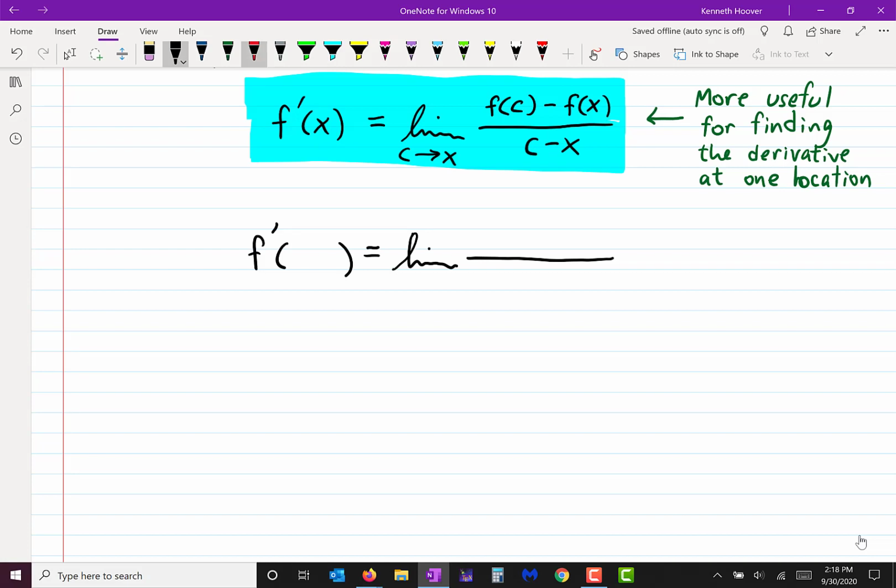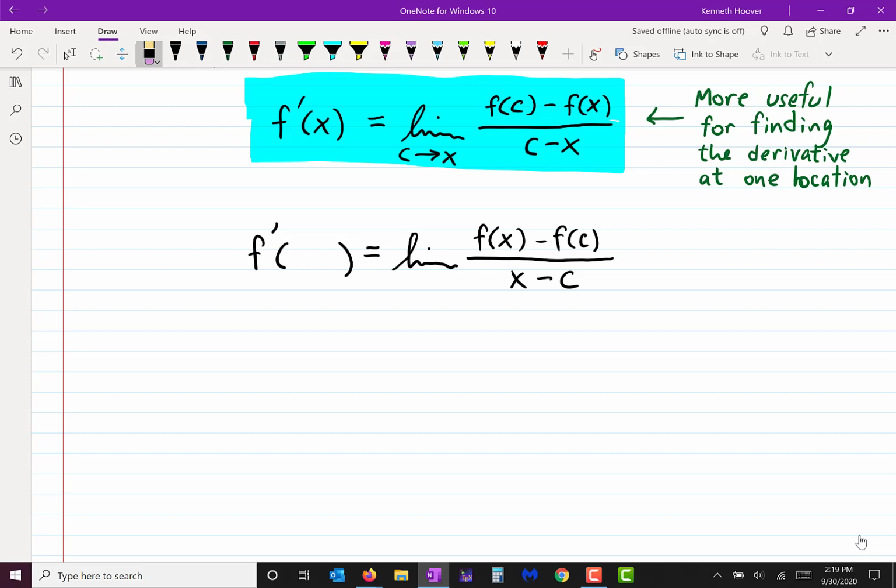Do you agree that in this part over here, I have a fraction, and on the top and bottom are both minus problems? I can switch the order of the top, if I also switch the order of the bottom, right? You agree with that? So that I didn't really change anything, did I?